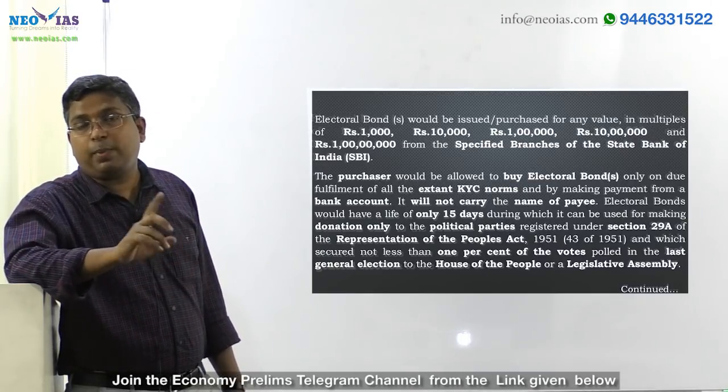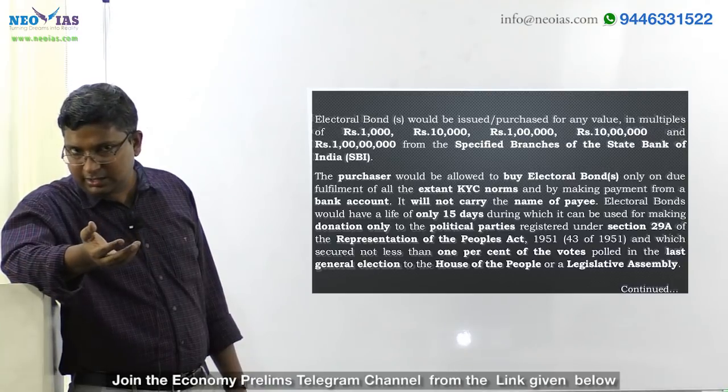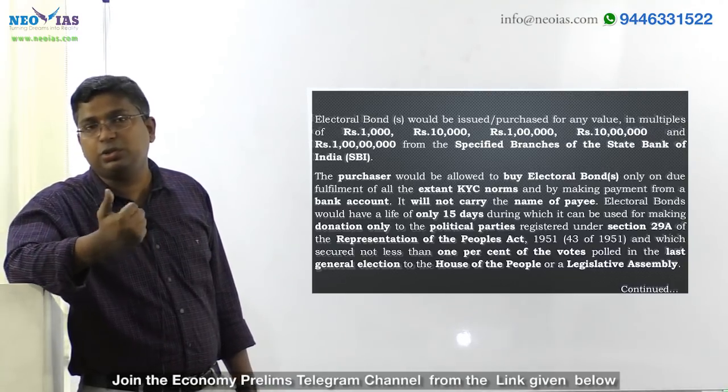Now all political parties can't use the electoral bond.